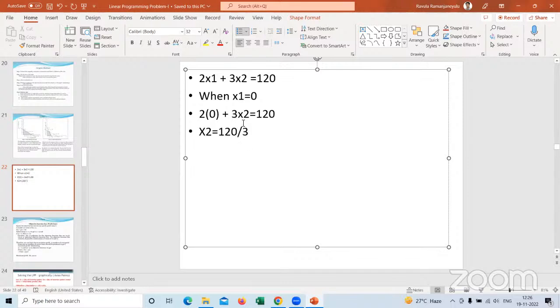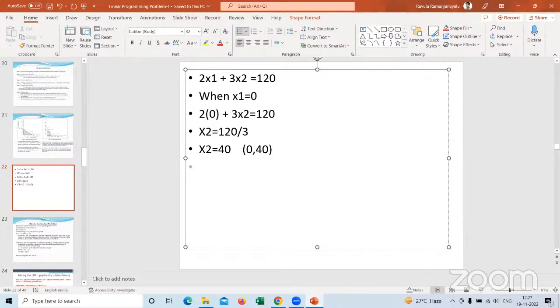So the coordinates of this equation are x is 0, y is 40. This is the coordinate of the equation which we are calculating.